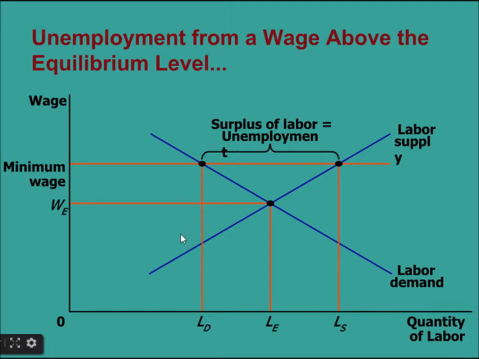Let's see another case where the government lowers the minimum wage to this point. If the government lowers the minimum wage below the equilibrium, the number of people willing to work for this amount of money is reduced.